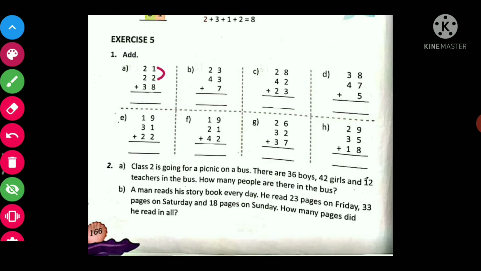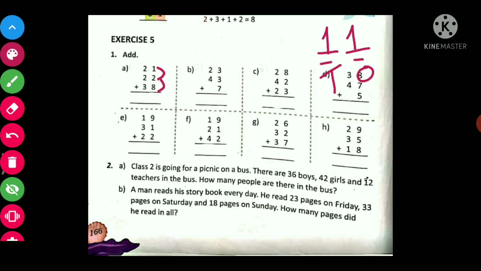So 1 plus 2, it will be how much? 3. 3 plus 8, 11, right? So we got 11. Now this one is two digits, having two numbers. This one is ones, this one is tens.